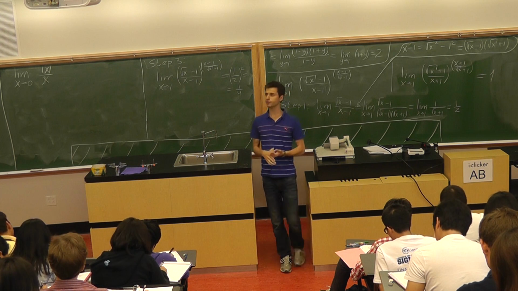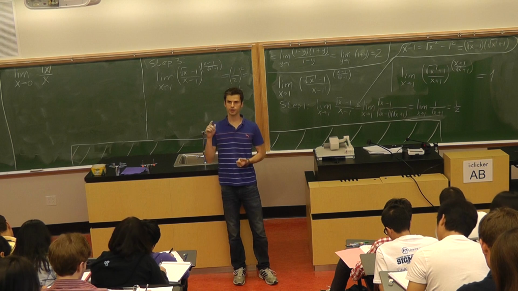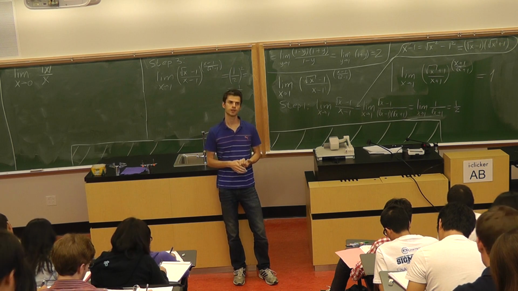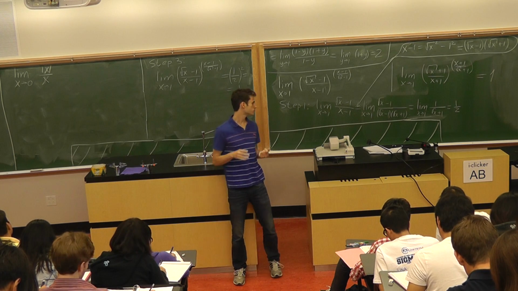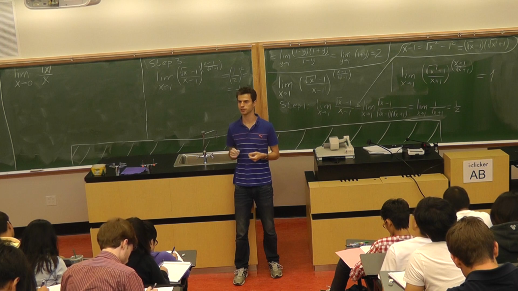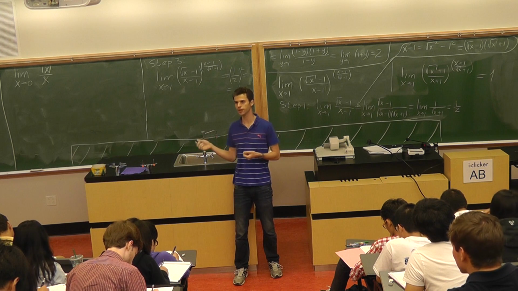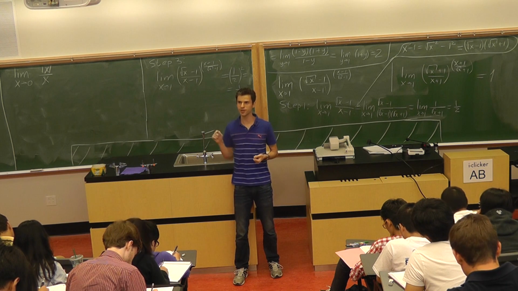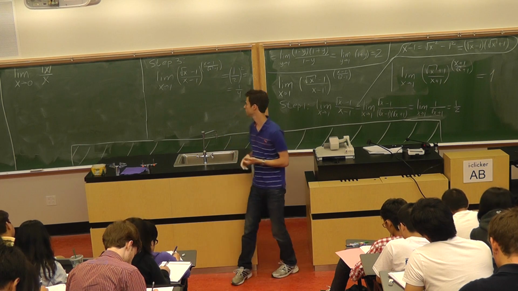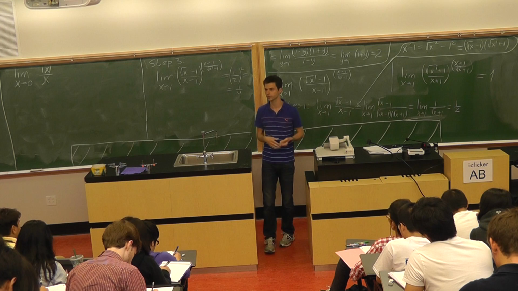So here I have a limit of the quotient, absolute value of x divided by x. Just to remind you, the absolute value of a number is basically this number, but without any sign. The absolute value of 5 is still 5, but the absolute value of minus 5 is 5. So you just disregard the sign. If there is a minus sign, you just throw it out.